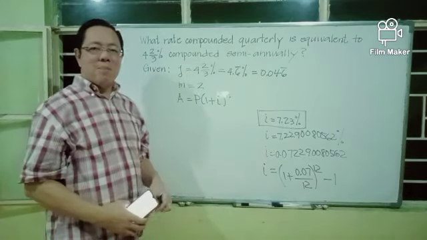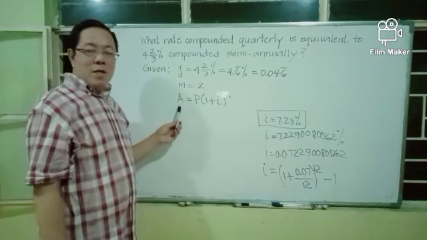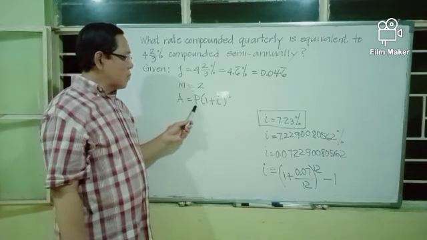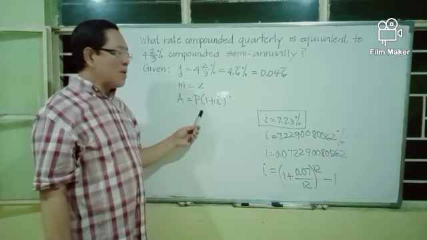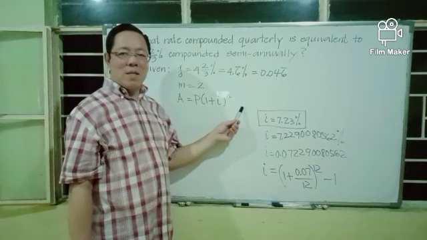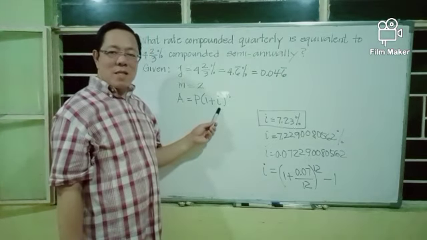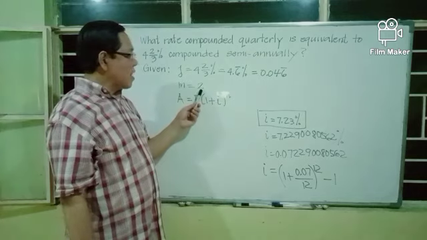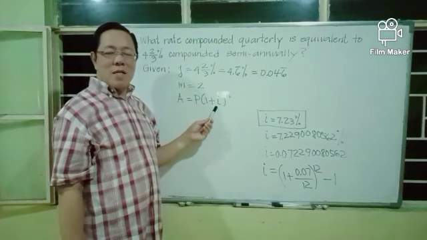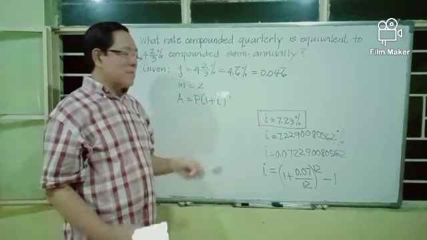Accumulated value at compound interest rate denoted by A is equal to P principal times quantity 1 plus I to the power N, where I is the interest rate per period. In our example, small I is the interest rate per 6 months.